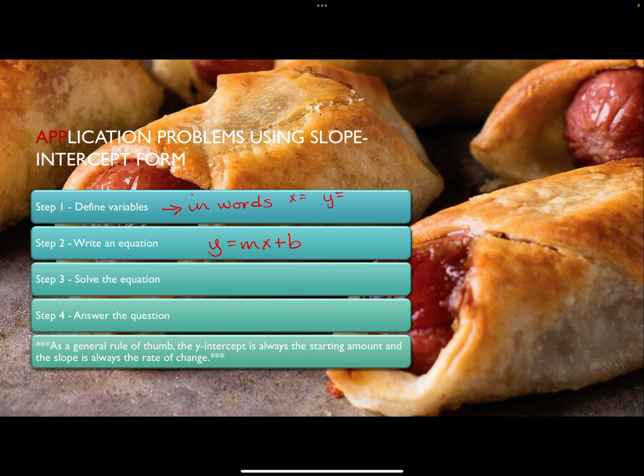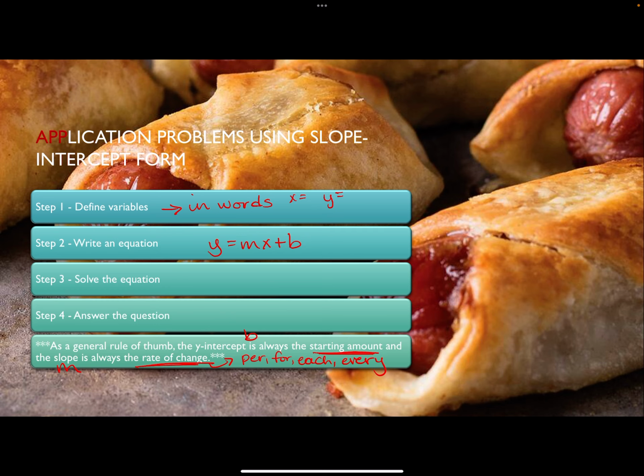As a general rule of thumb, the y-intercept, or in other words the b value, is always the starting amount. Remember, b, we begin at b. So it's what we begin with. And then the slope, the m, is the rate of change. For the rate of change, a lot of times we use the words per, for, each, and every to represent that we're talking about a rate of change.